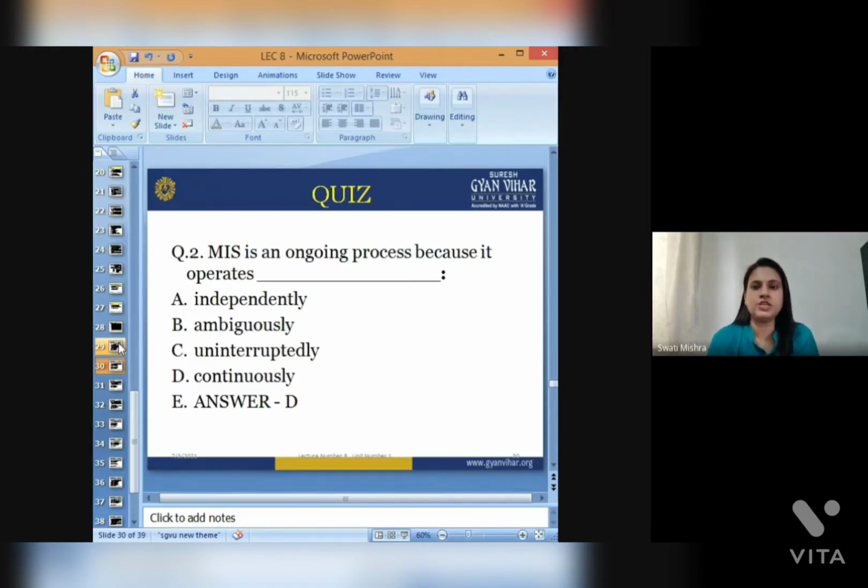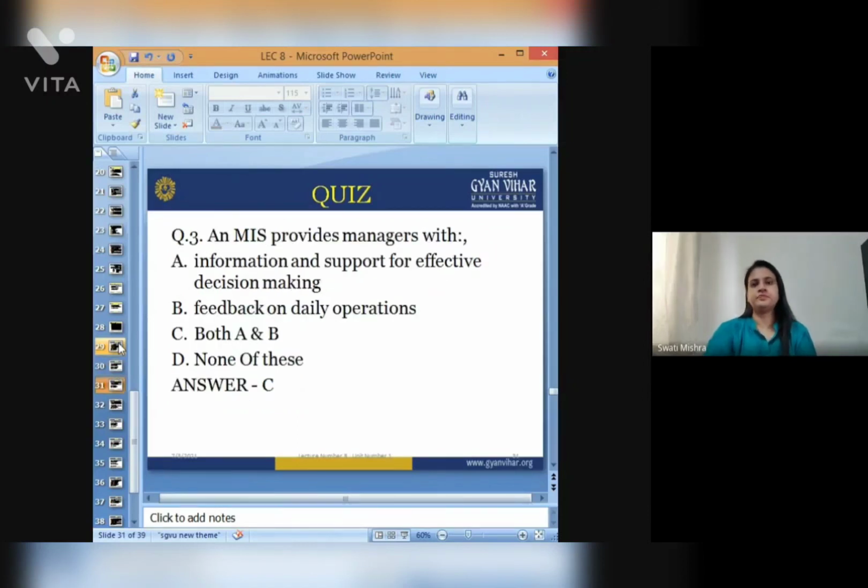Here's my second question. Management information system is an ongoing process because it operates dash. A, independently, B, ambiguously, C, uninterruptedly, D, continuously. It is ongoing because it functions continuously. So the option is D. My third question is, an MIS provides managers with options are A, information and support for effective decision making, B, feedback on daily operations, C, both A and B, D, none of these.